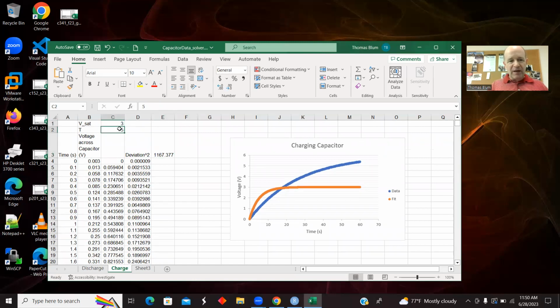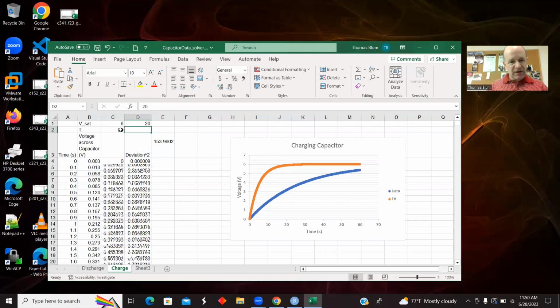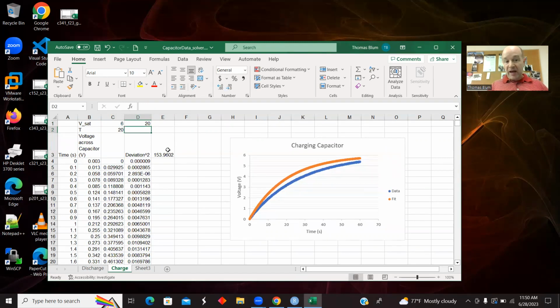Now the game would be, again, you could come back to doing it by eye, and you would see that if you choose something better, say 6 and 20, then not there 20, but here 20, this number should come down. This is the goal, and this is where the term least squares comes from.